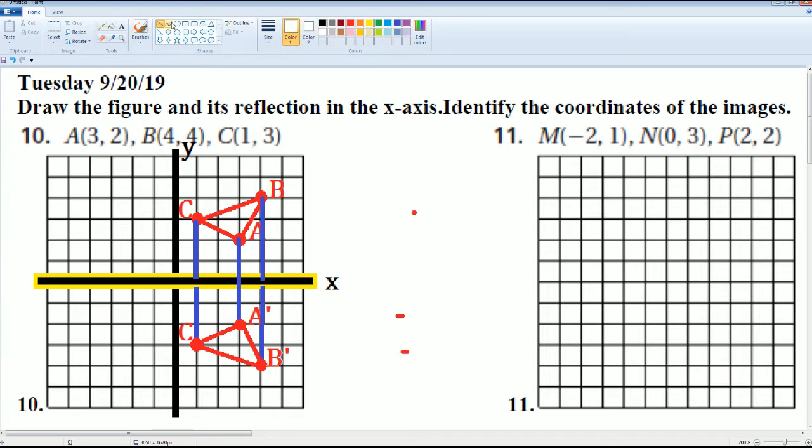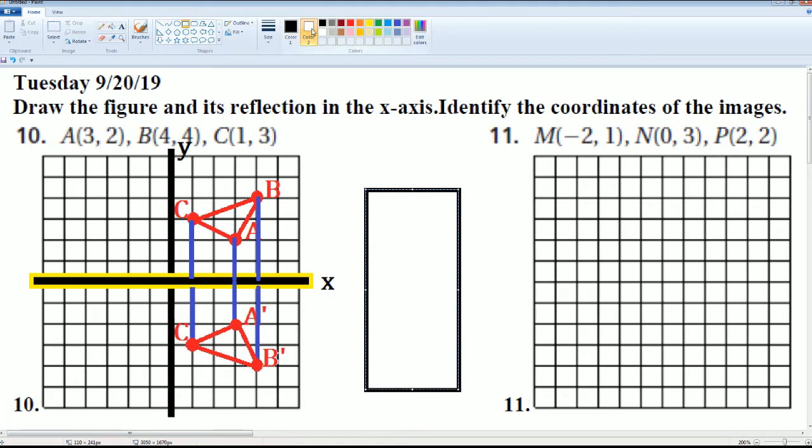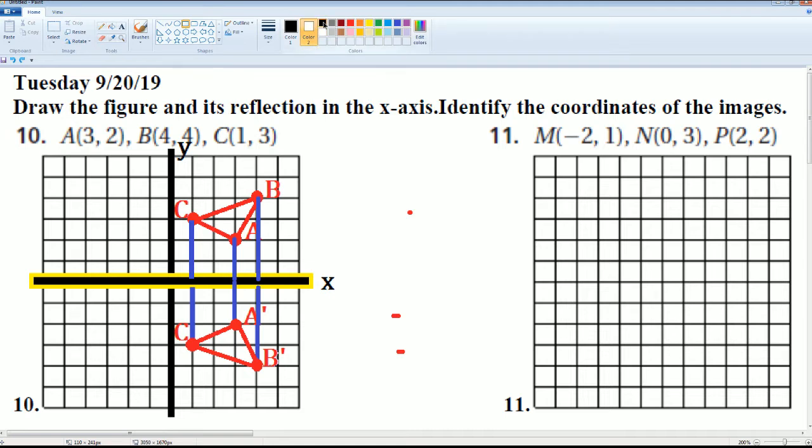Let's do the next one. Okay, same thing here. I need my axes. So let me draw this. This is for my X. 2, 3, 4, 5, 6. So it's 1, 2, 3, 4, 5, 6.